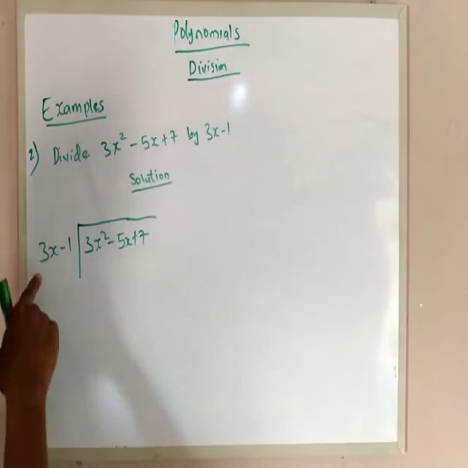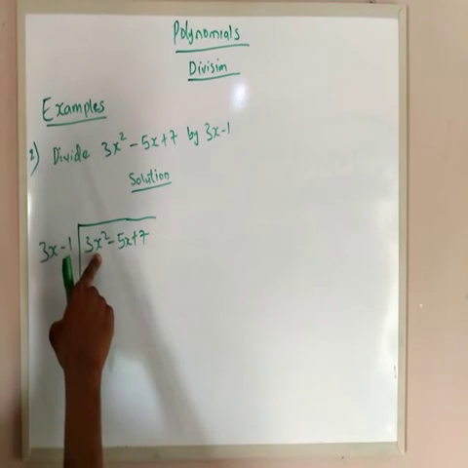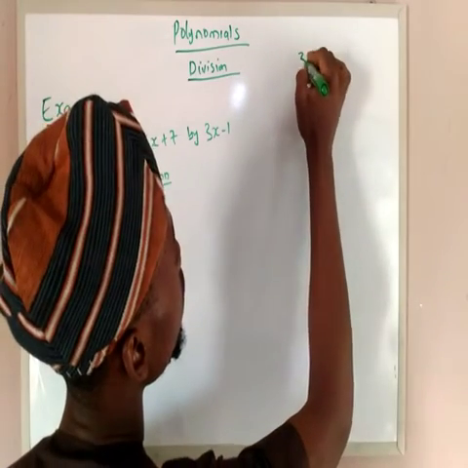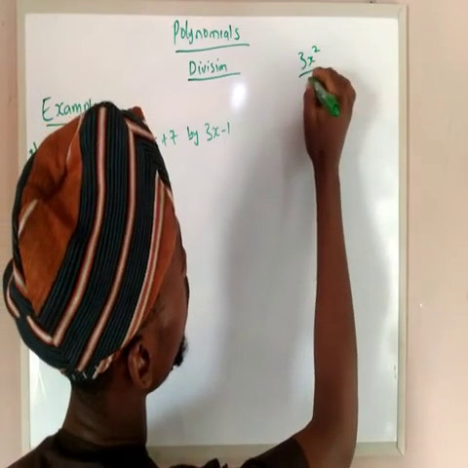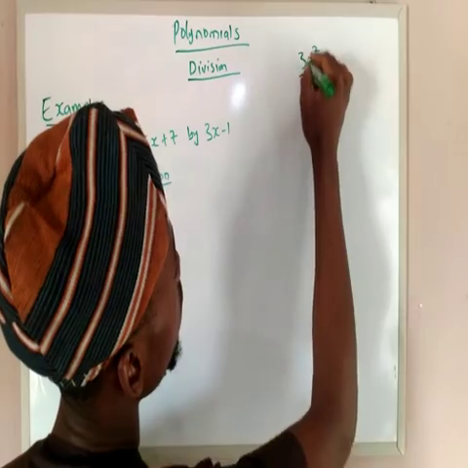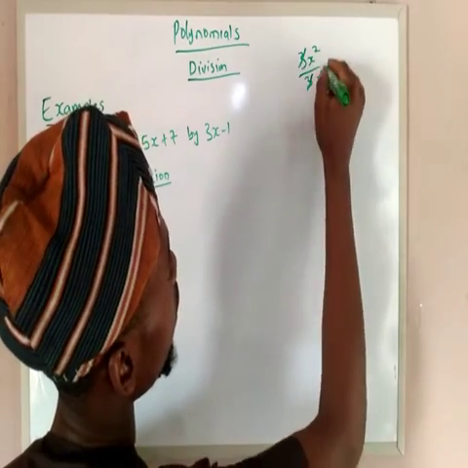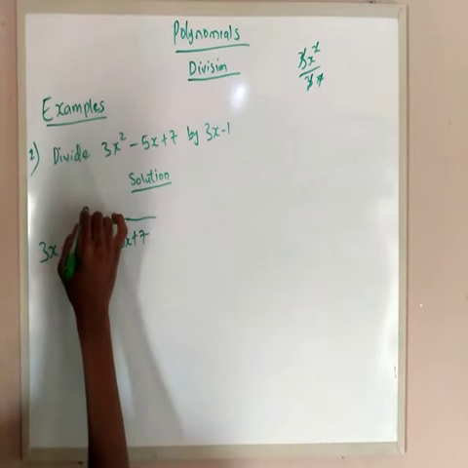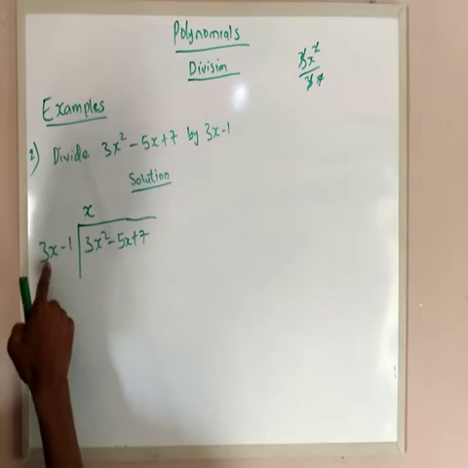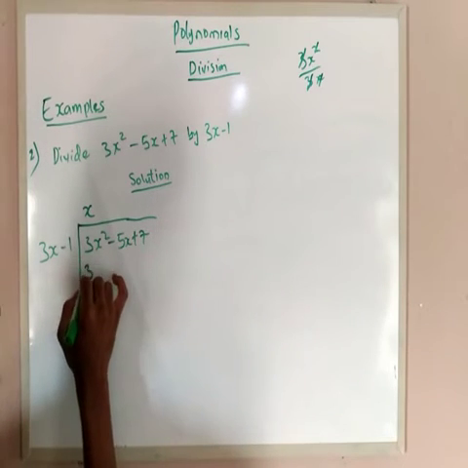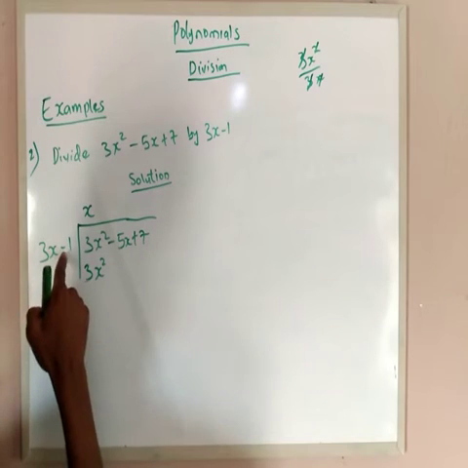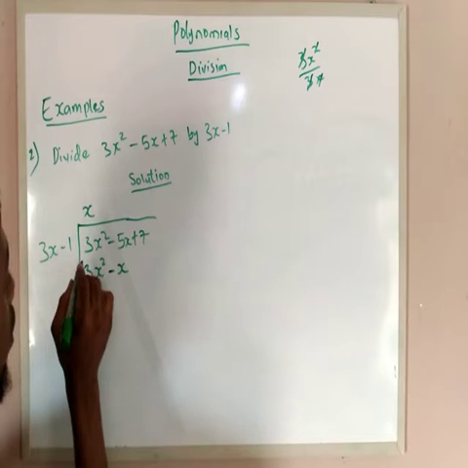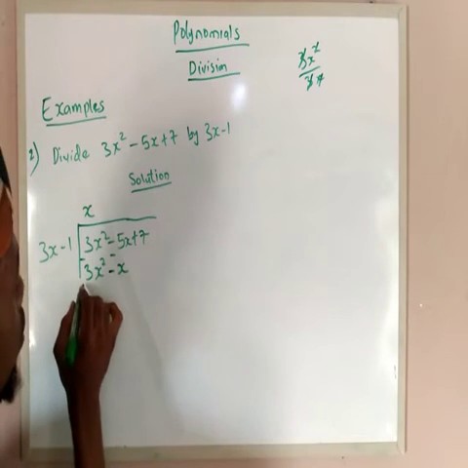Now, 3x squared divided by 3x: 3 will cancel 3 and x will cancel the square. So we have x left. 3x times x will be 3x squared. Minus 1 times x will be minus x. Then we subtract.